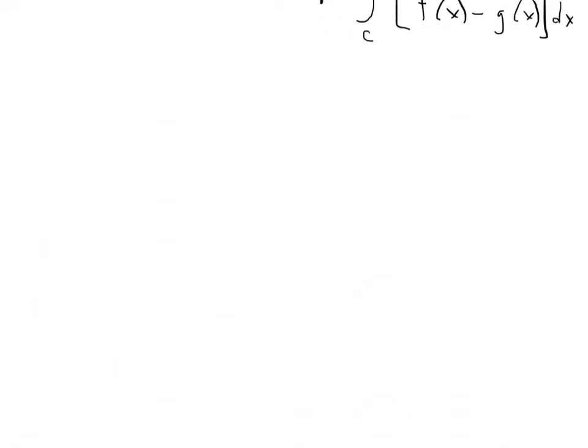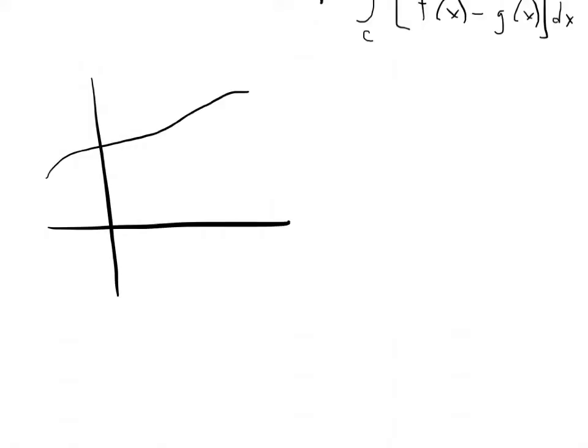So I'm going to redraw the example that I just did. We had this idea that f of x was here, and g of x was roughly this thing here. And I wanted the area between c and d. The point I want to make is, think about what we learned yesterday.